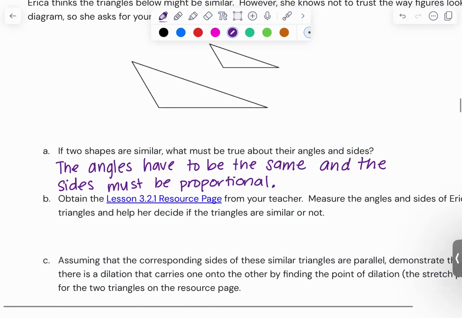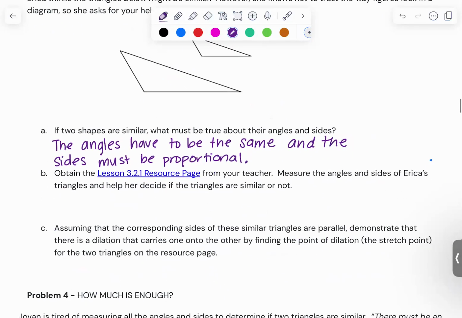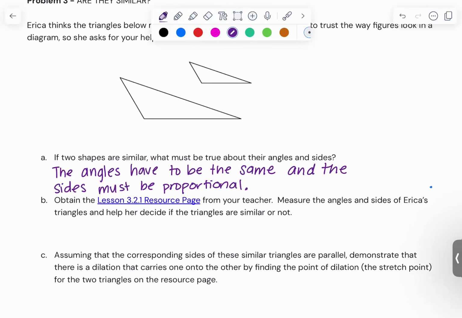So then for part B, the resource page would have just been an enlargement of those two figures. And then you would have used your protractor to measure the angles. And in this case, you'll notice that the angles are actually the same. So if we are looking at this triangle, I forgot what the angles were.